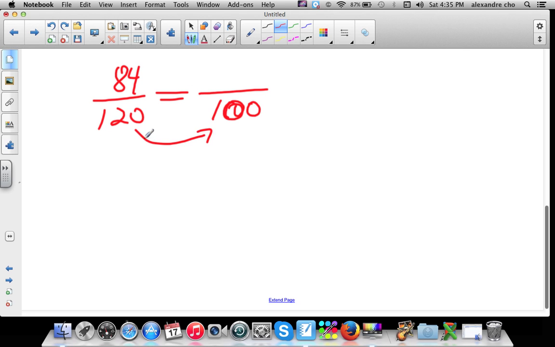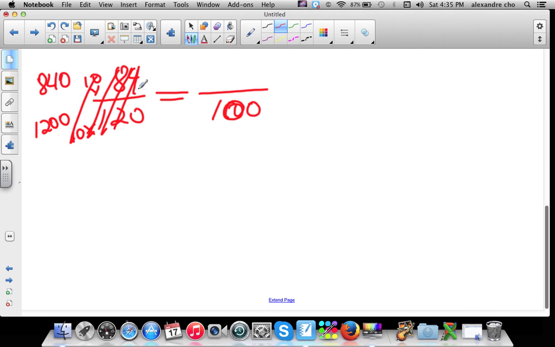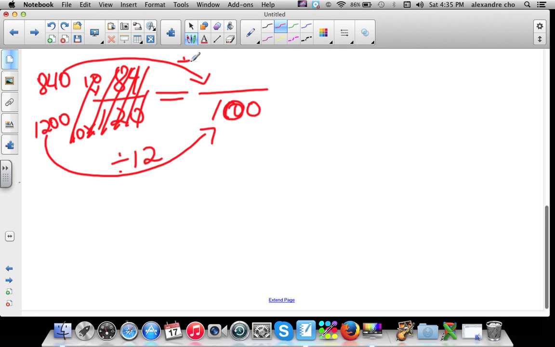Nothing here, so what do we do? Let's multiply this by 10. That gives us 1200. Let's multiply the top by 10. That gives us 840. Good. Okay, we're no longer going to use that ratio there. Is there a relationship here? Yes, there is. Divide by 12. And here, we're also going to divide by 12.